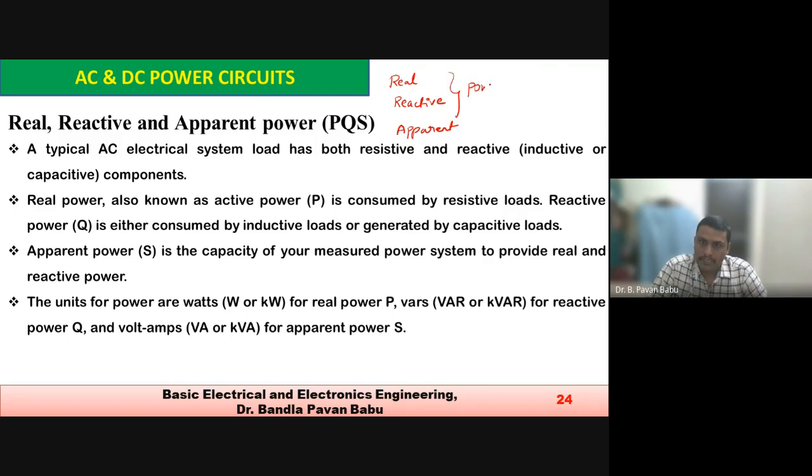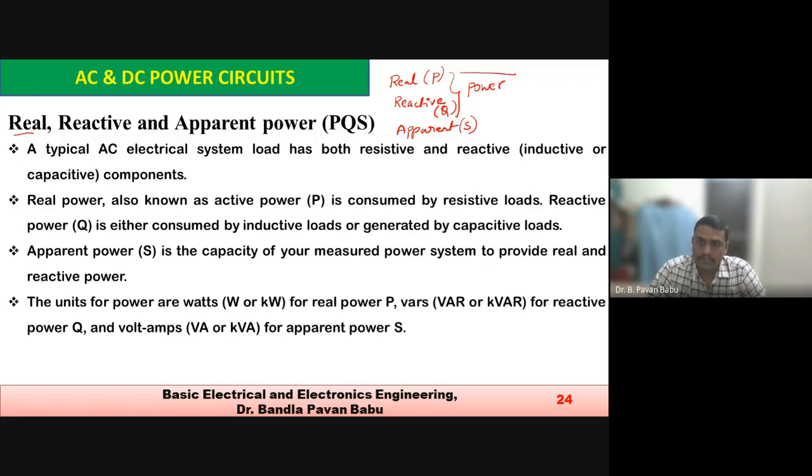These three kinds of powers are available. They are denoted by P for real power, Q for reactive power, and S for apparent power. Real power is the actual power required by the load.